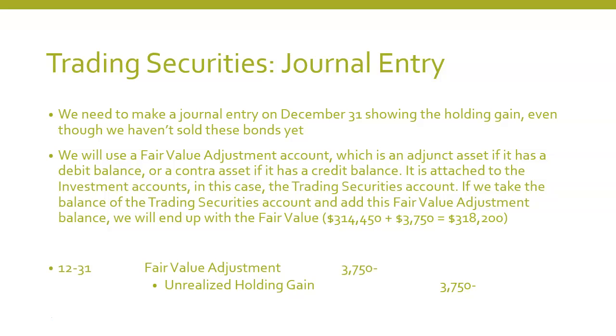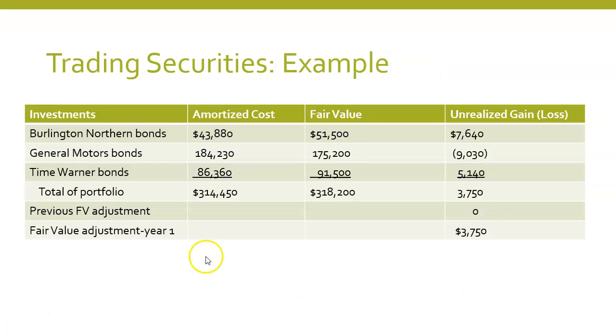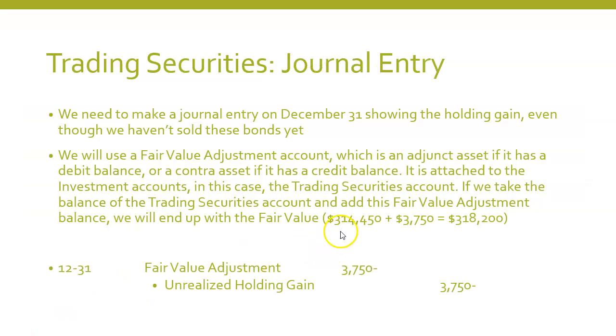Okay, so 314,450. Okay, that was the total of the amortized cost. So that is the total that's sitting in the account called trading securities. Okay, then if we add this fair value adjustment account, all we got in there are these fair value adjustments, up or down.